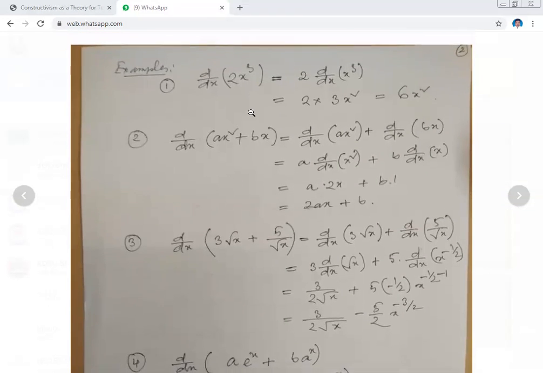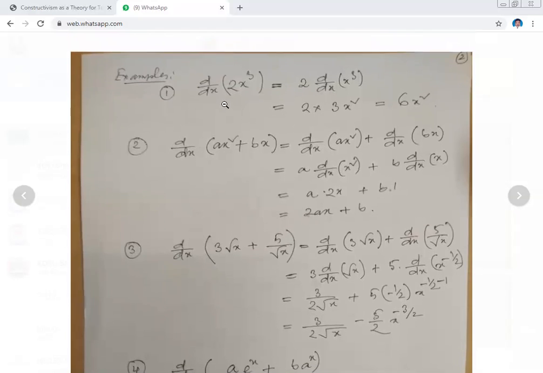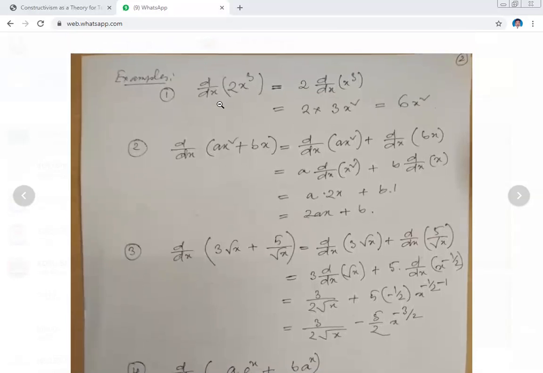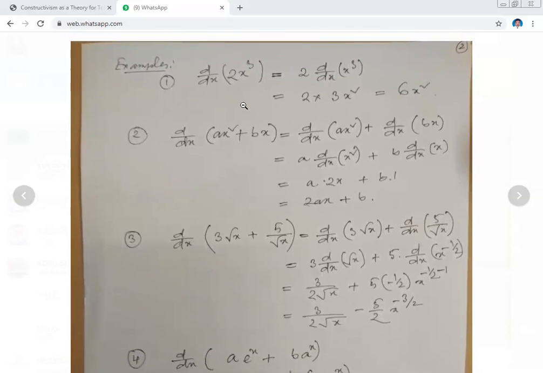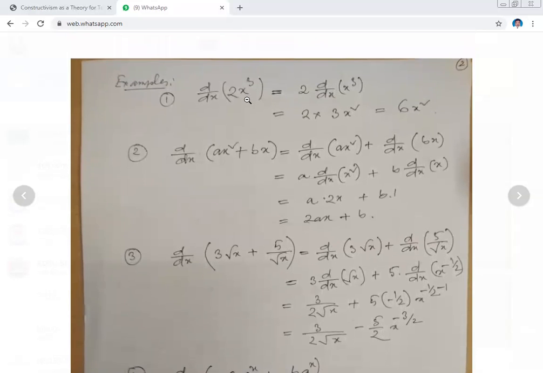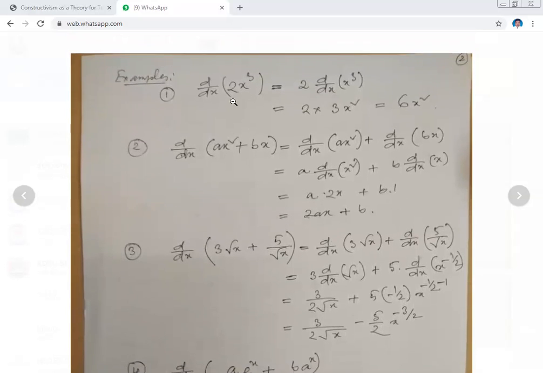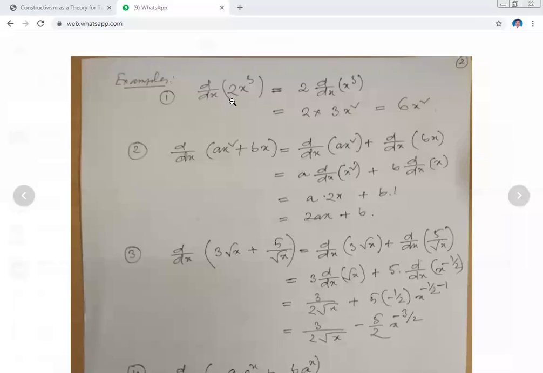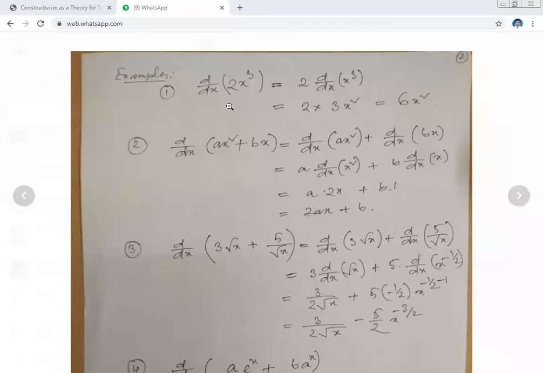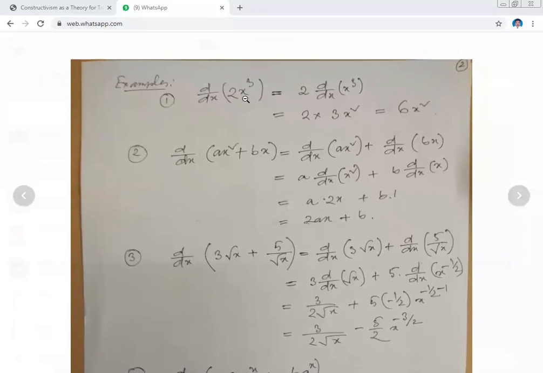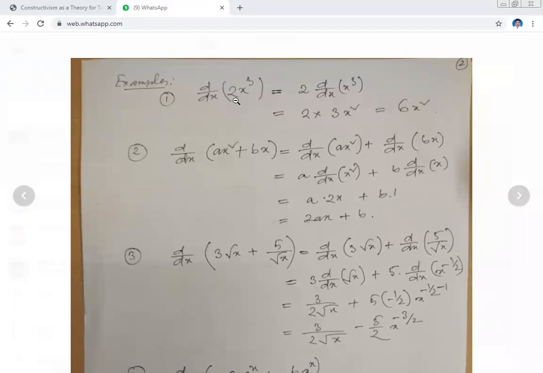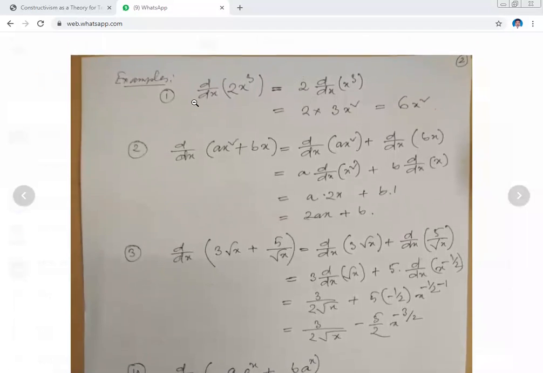Here in example one, you see d/dx of 2 into x to the power 3. So the x to the power 3 part is the x to the power n formula, no doubt. But 2 is a constant, it is not x. Since 2 is multiplied with x cube, if x cube is assumed to be a function, 2 is a constant, and then we can write 2 outside the operator, outside d/dx.